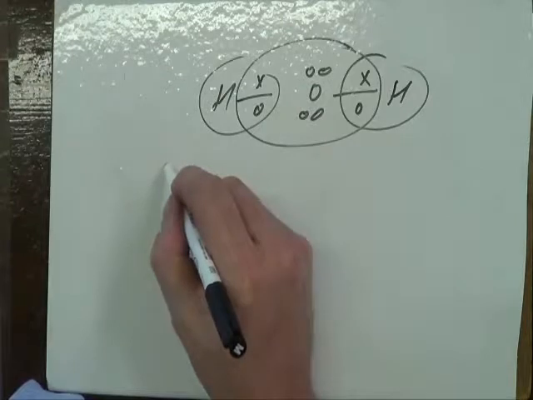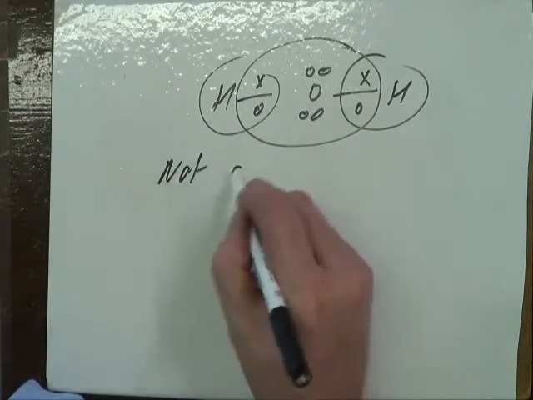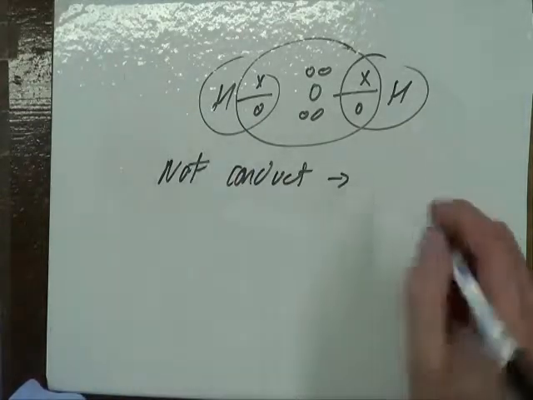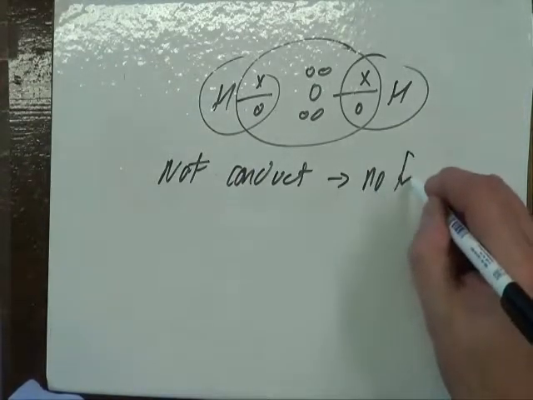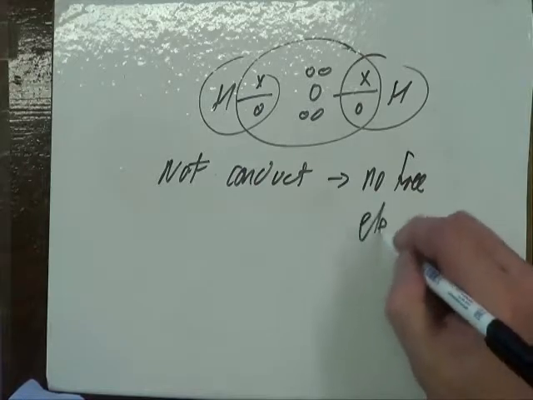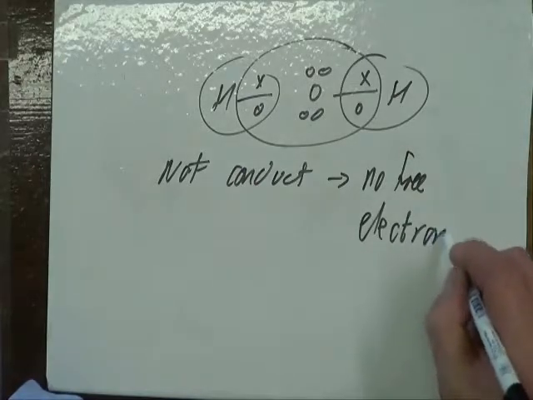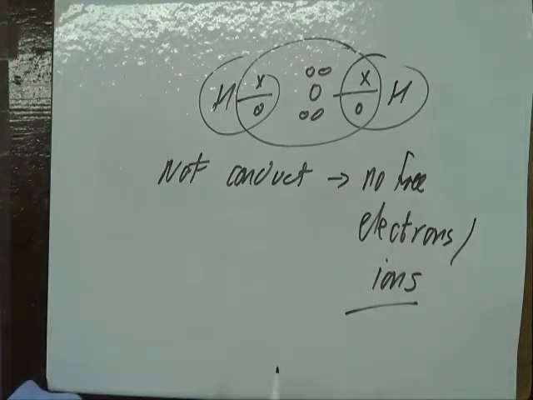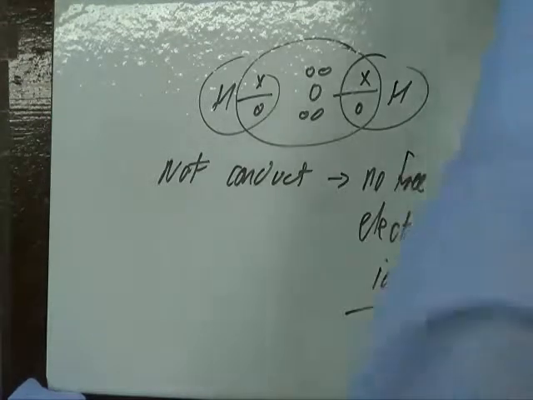So this does not conduct electricity. And the reason is because it has no free electrons. Graphite had free electrons. Nor does it have free ions. Well, that should be common sense because it's not an ionic structure. So it does not conduct electricity.